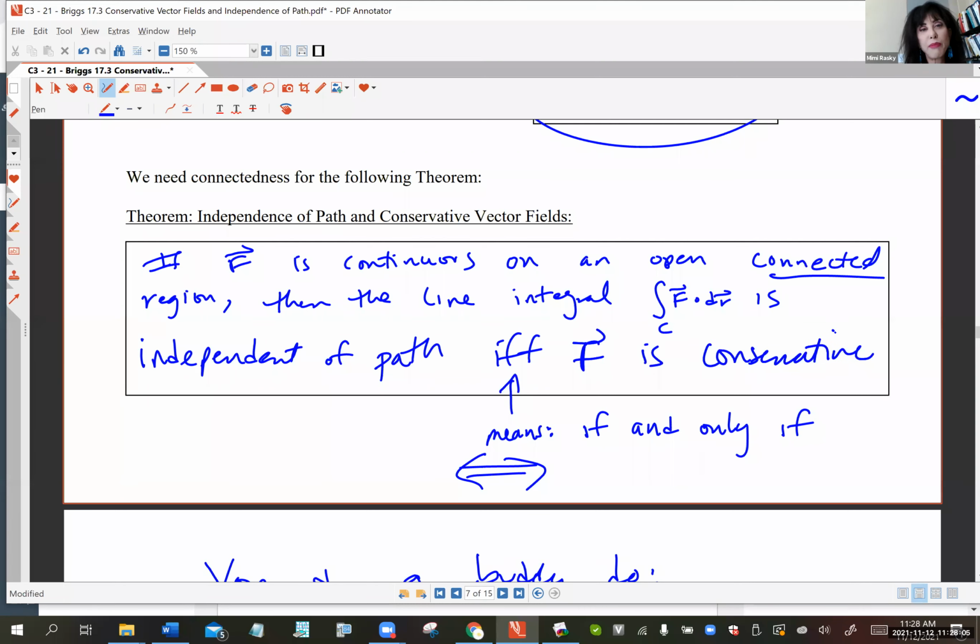In fact, I'll read it forwards and backwards. I'll read it forwards first. We say this line integral F dot dr is independent of path if the vector field is conservative. Now I'm going to read it backwards and it's still true. If the vector field is conservative, then this line integral is independent of path. So I can read it both ways. It's still good.